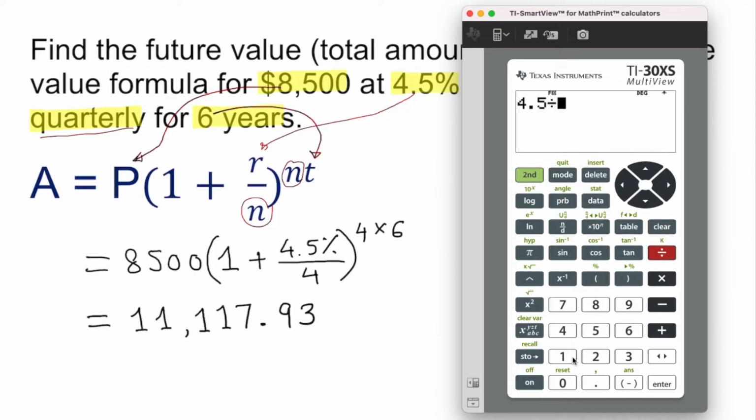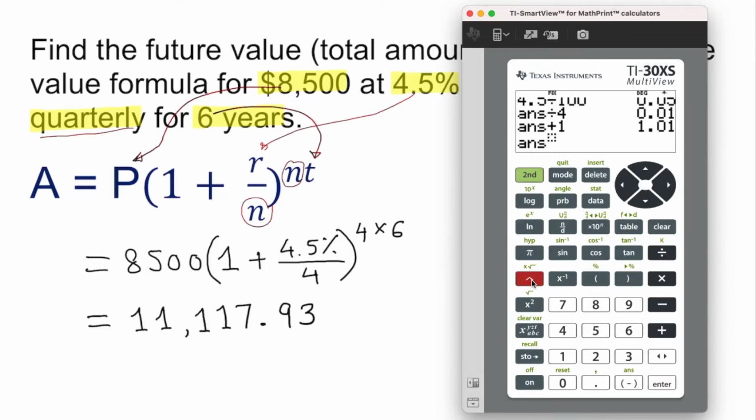Again, I can even do 4.5 divided by 100. The percent symbol tells you that we have to divide by 100. Don't get confused here, because it's rounding to the hundredths place; that's why we see this. So divided by 4, then we enter, plus 1, enter, then we hit the exponent or power button.